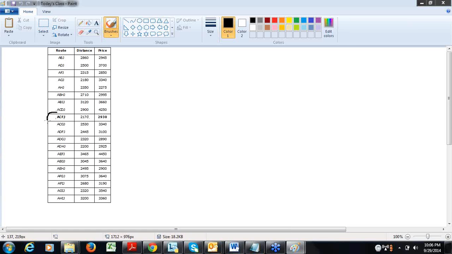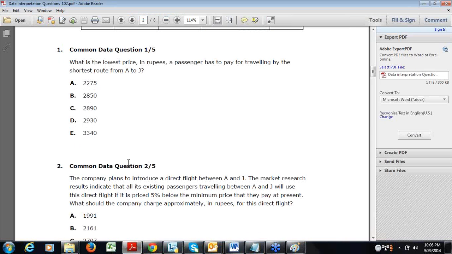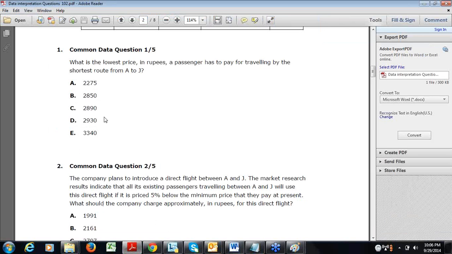So he will follow this ACFJ route, and the distance it will cover is 2170. And how much price does he have to pay? 2930. So 2930 means D. We can go ahead and mark option D.